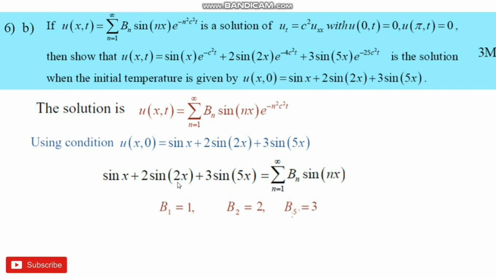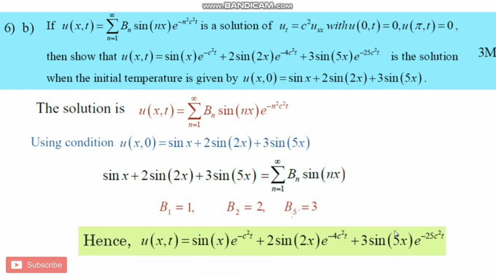When n is equal to 2, we have obtained the sin 2x coefficient, that is b2 is equal to 2. It is sin 5x. When n is equal to 5, we will get b5 is equal to 3. b1, b2, b5 are the only non-zero coefficients. The rest of the coefficients are 0.